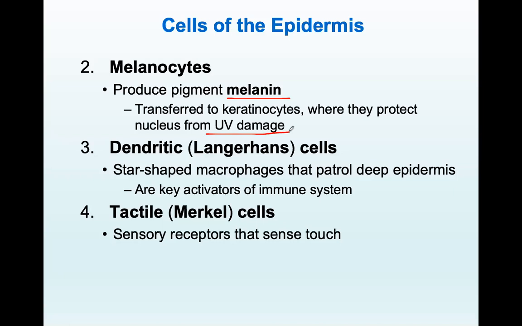So what is the body's solution? It releases a significant amount of melanin, the color pigment. And this melanin literally goes into your keratinocytes and forms an umbrella over the nucleus. Therefore, when the UV light hits this umbrella, it gets reflected. So the nucleus underneath the umbrella is protected, which is pretty darn cool.